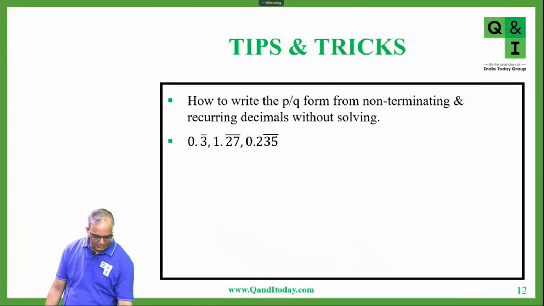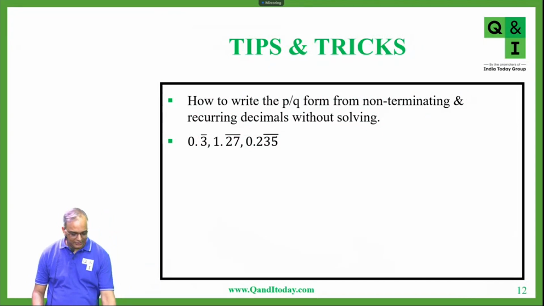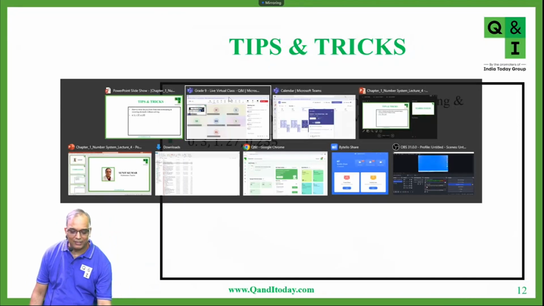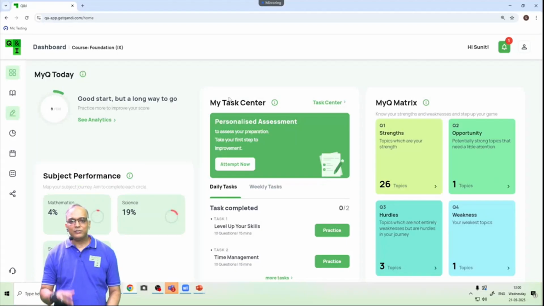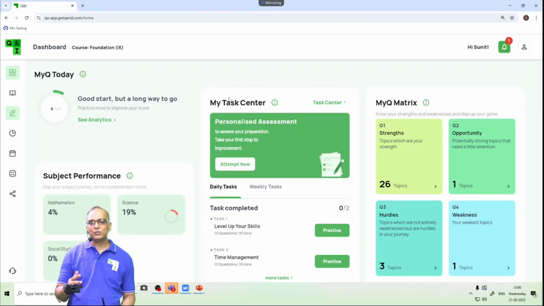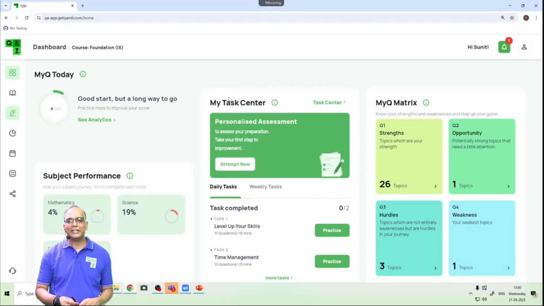So now students, I'll quickly take you to the platform and tell you today's homework. When you log in on the platform, students who don't have a login ID and password, first you need to write your name in the chat box so that we can create your login ID and password.